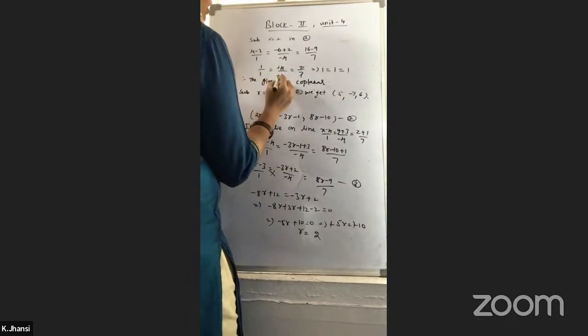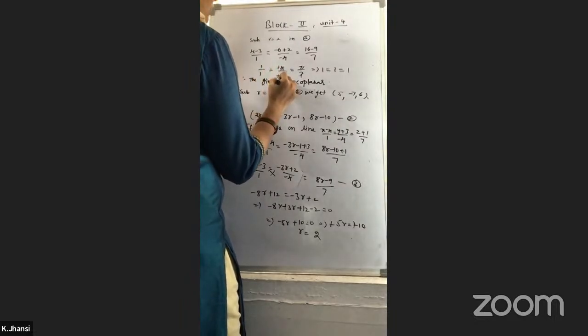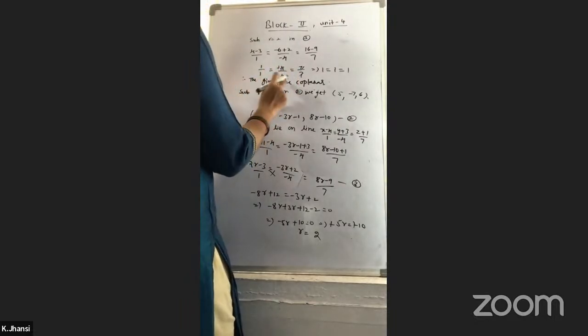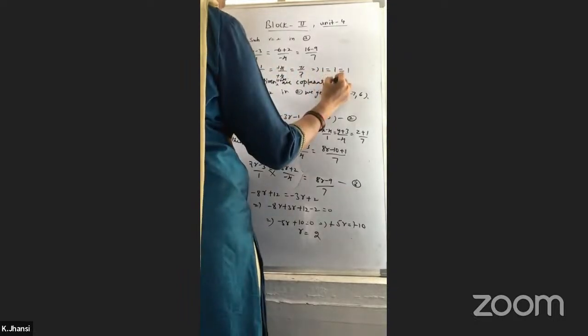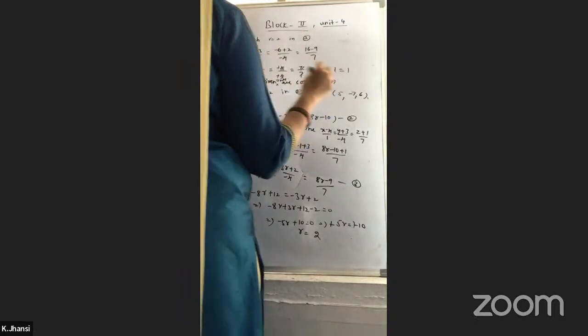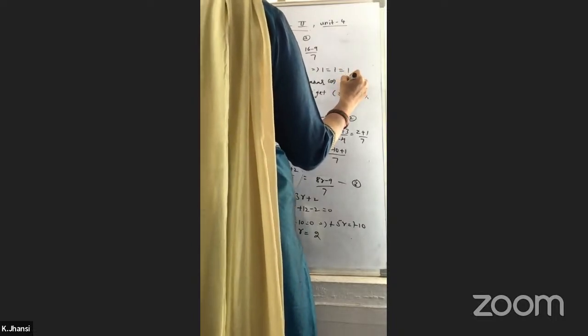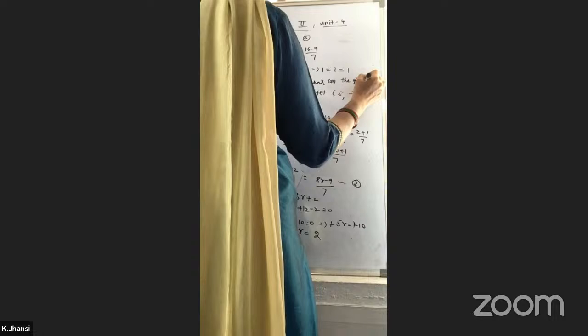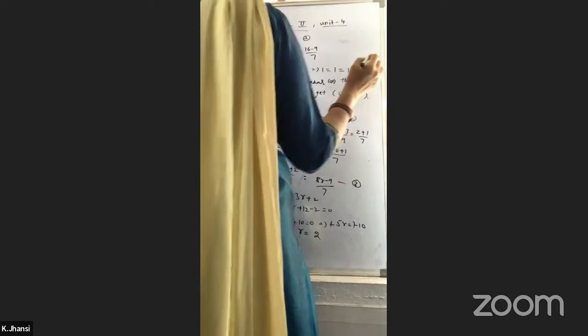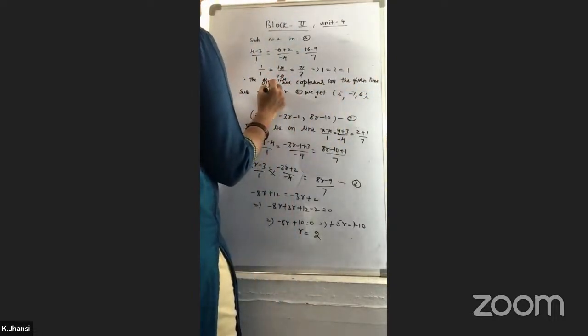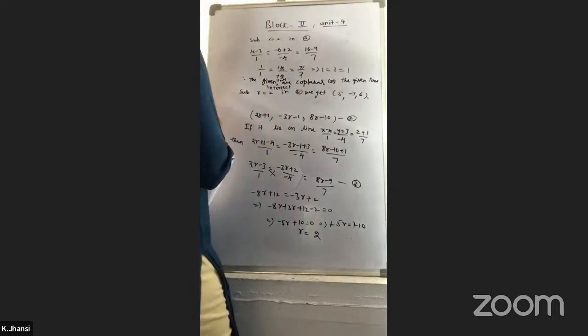Given lines are coplanar, or you can write the given lines intersect. Okay.